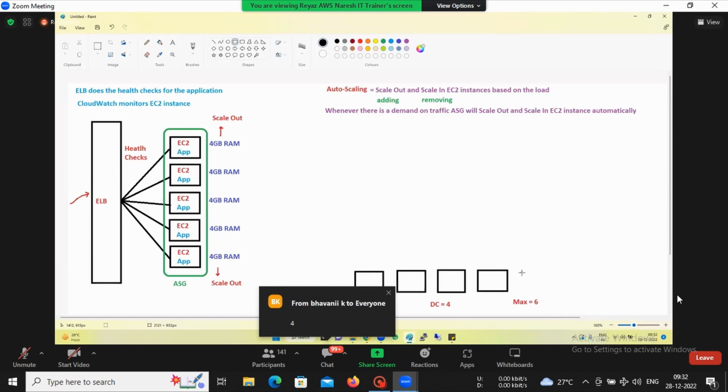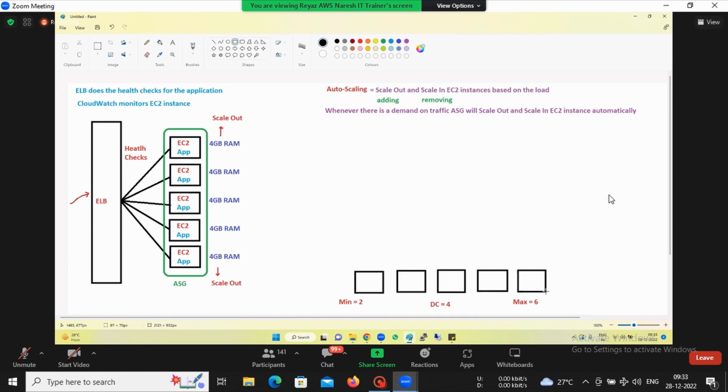Now the load has been increased. That means one more EC2 instance will get added. How many are there now in total? 5. So again, load has been increased, scale out has happened. How many are there in total? 6.